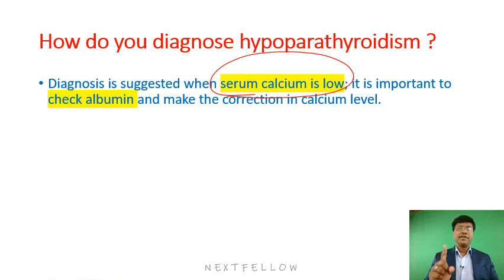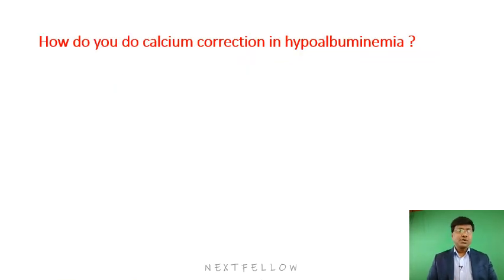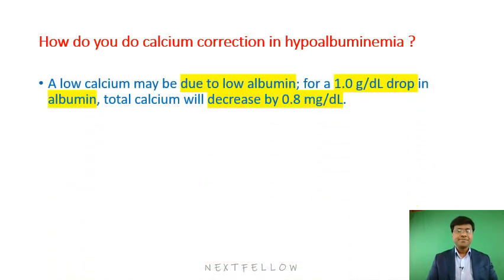And always, whenever you are measuring the serum calcium levels, you need to measure the albumin and make the correction in the calcium levels. So how do you do calcium correction in hypoalbuminemia? Please remember this: a low calcium may be due to low albumin, right?